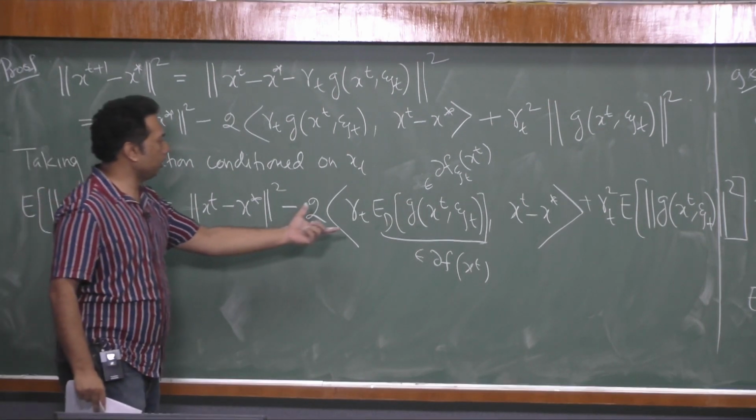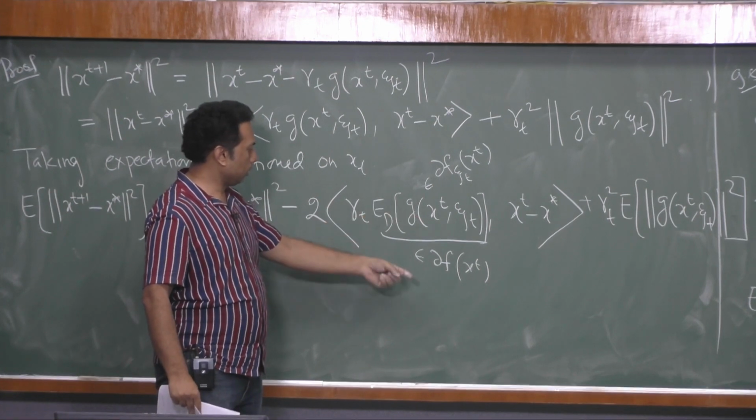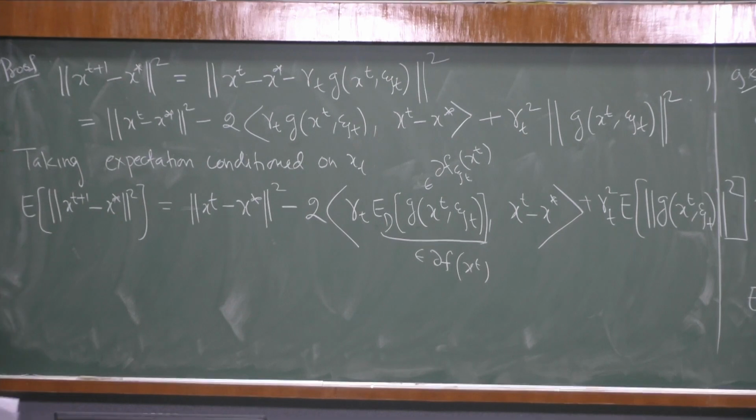So what we have here is a quantity which is in the subdifferential del f(xt), and we are given that f is stochastic convex and so on. So then we will use the convexity as well.